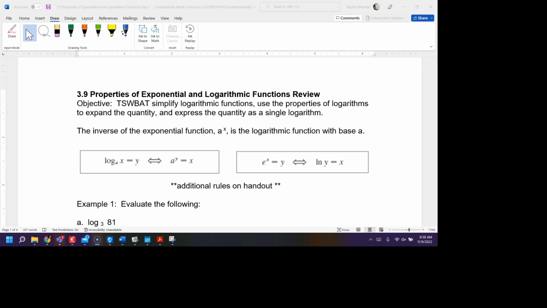Similarly, e to the x is equal to y in the same way that the natural log of y is equal to x. Because we know that ln and e are inverses. So that's where this property comes into play.